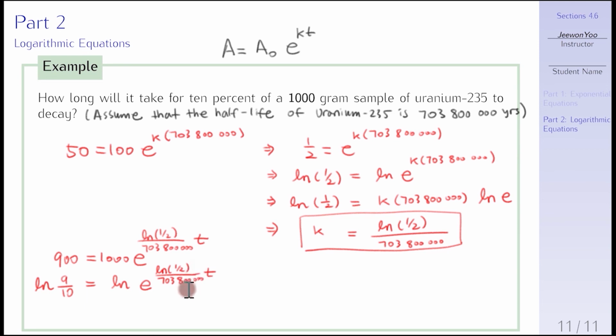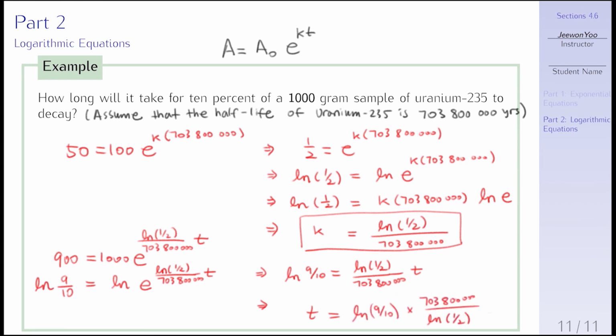And then you can bring this exponent to the front. You know, keep and flip means you multiply this denominator to this guy divided by ln of 1/2 to isolate the time t. So that's what I've done here, keep and flip.